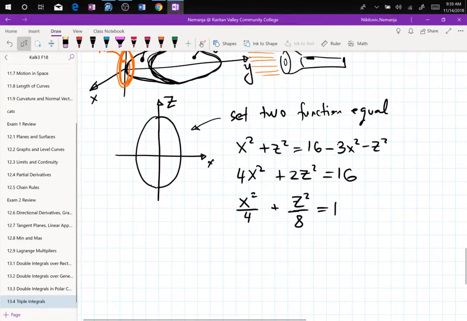This means that on the x-axis, the numbers are 2 and negative 2, and the top and bottom, negative square root of 8 and positive square root of 8 for these.